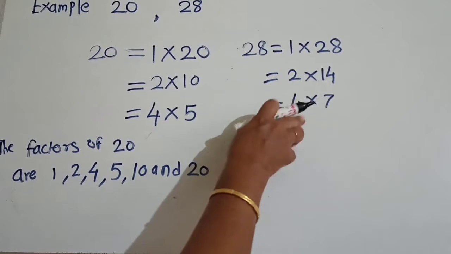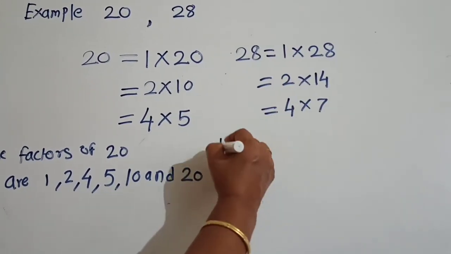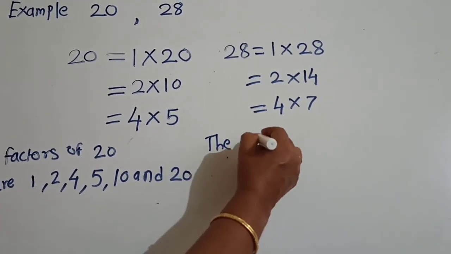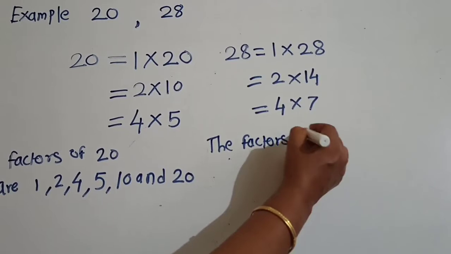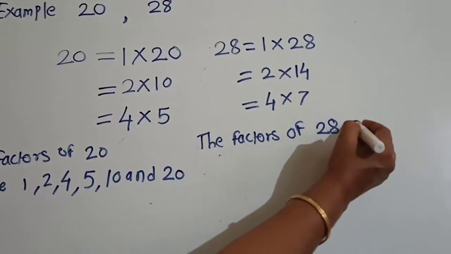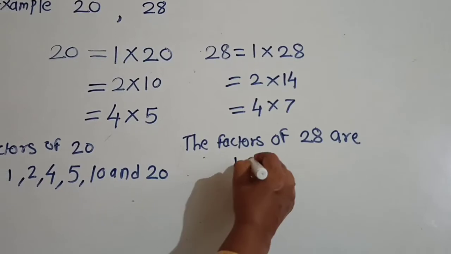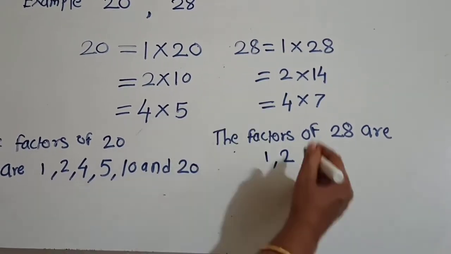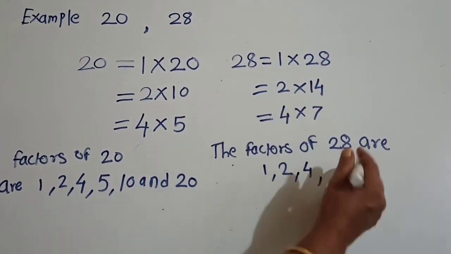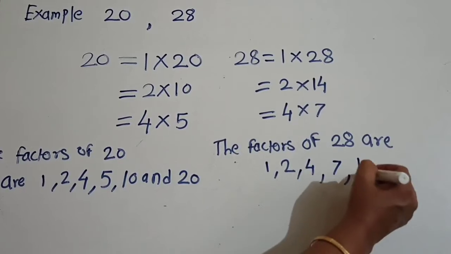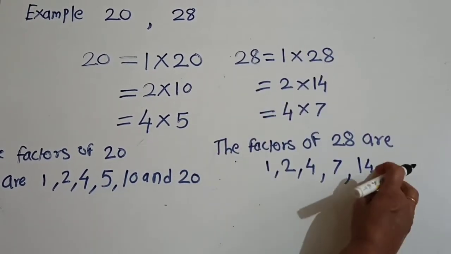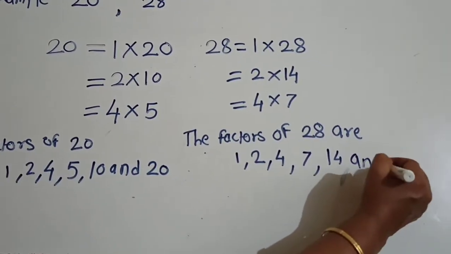Means these are the factors. The factors of 28 are 1, 2, 4, 7, 14 and 28. Okay children.